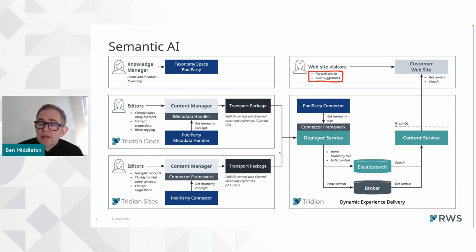Then we come to how the website or web users or end users, it doesn't have to be web-based necessarily, interact with this content. They will have some kind of user interface that allows them to find facets of your content.